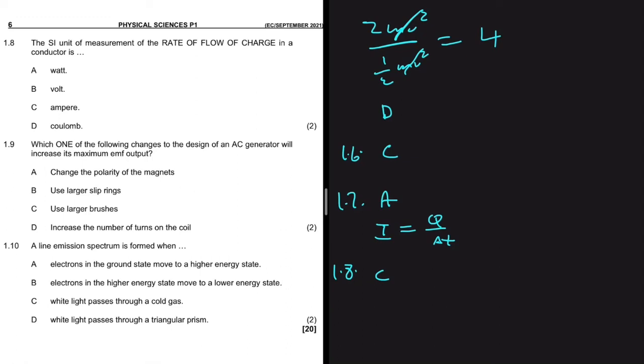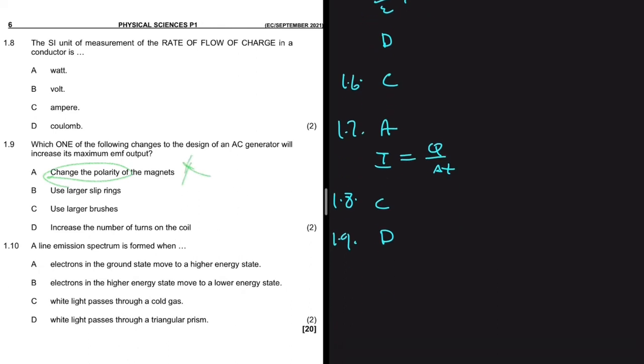And then for 1.9, that is clearly option D. Another way you can do is increase the strength of the magnets, right? Not change the polarity, but increase the strength of the magnets. There are other ways too.